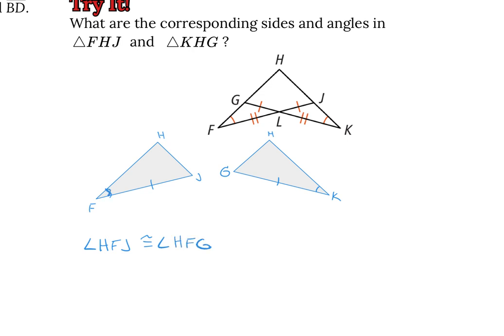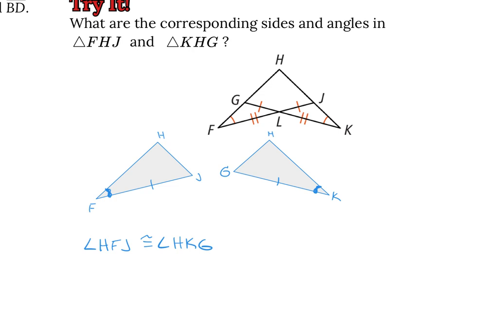So this angle here is congruent to this one. This should be a K. No, that's not K. Hold on. This should be HKG. HKG, yep, there we go, okay.